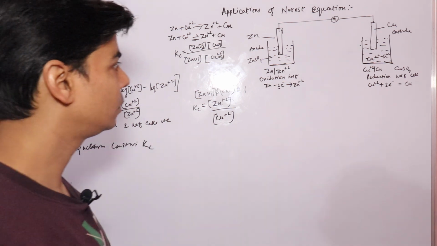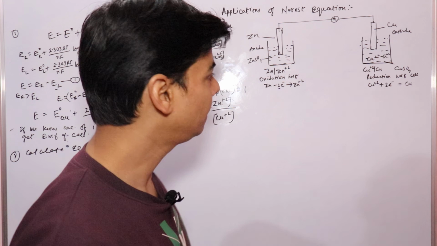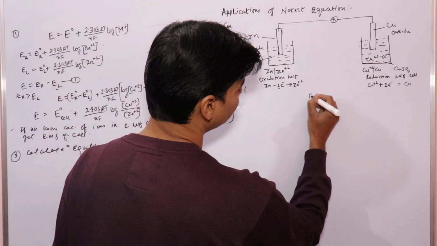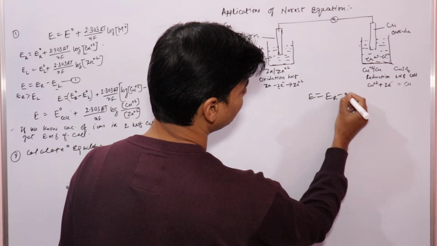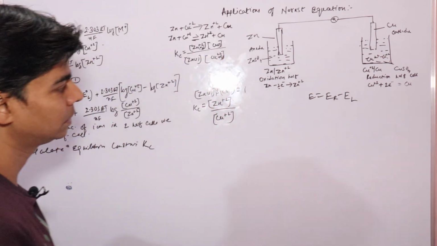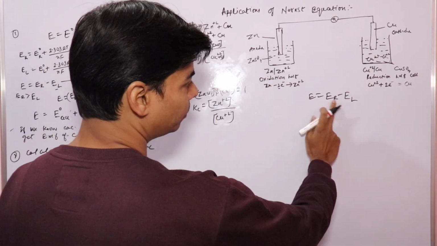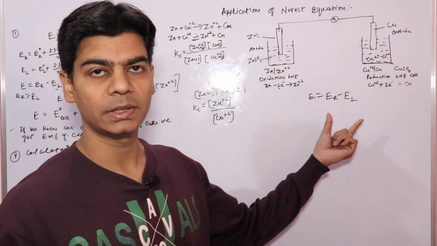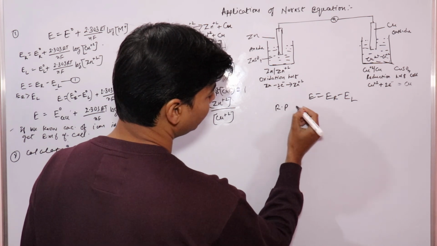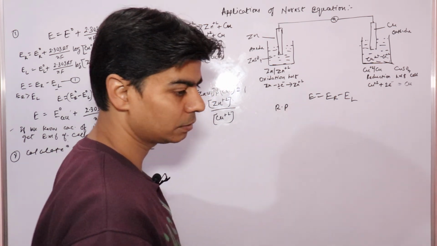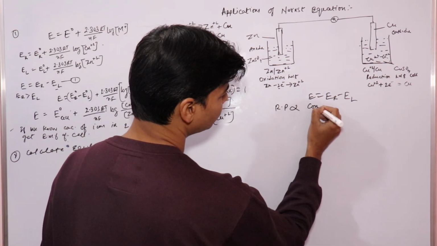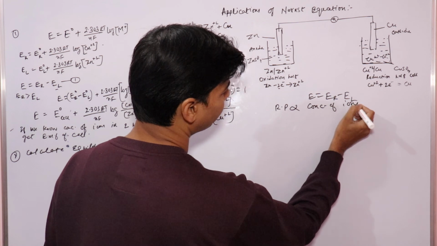Now let's talk a little about the equilibrium of this reaction. Since we said that the EMF of the cell is equal to ER minus EL, both of these are reduction potentials. We have done this before when we studied the factors on which electrode potential depends: reduction potential is directly proportional to the concentration of ions.